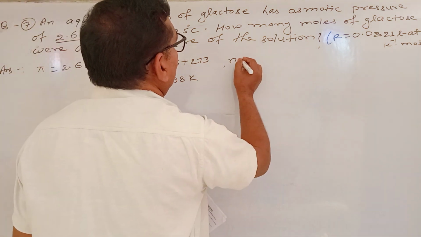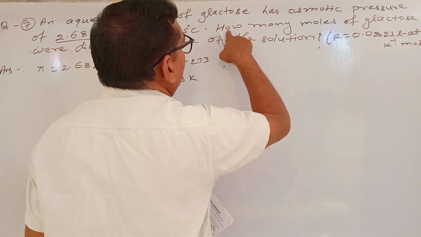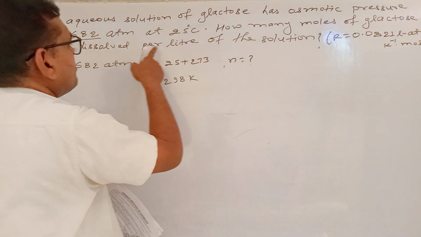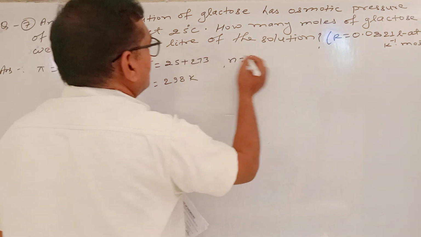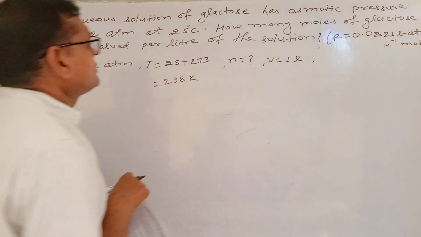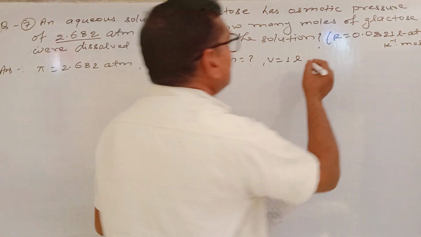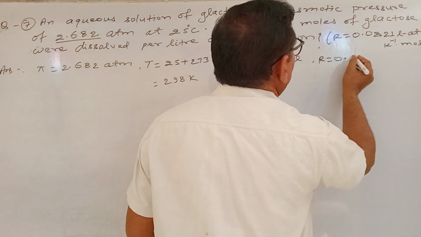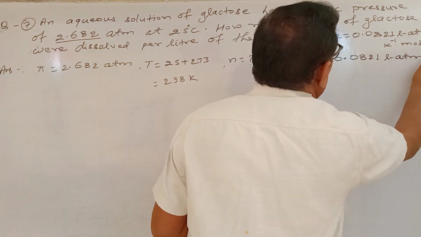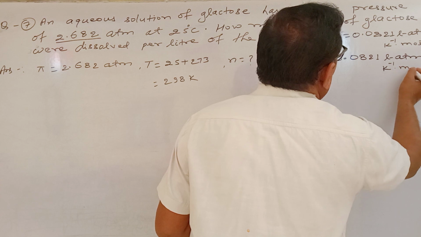Small n is equal to what? Question asks how many moles of galactose were dissolved per liter of the solution. The value of V is equal to 1 liter. Per liter means 1 liter. The value of R is equal to 0.0821 liter atm Kelvin inverse and mole inverse.